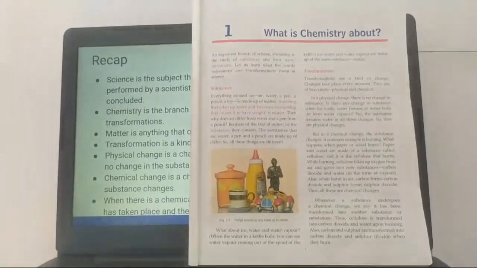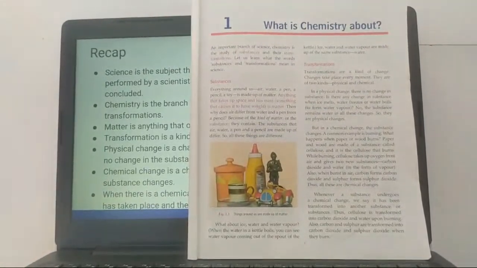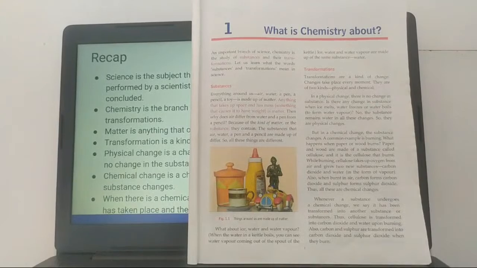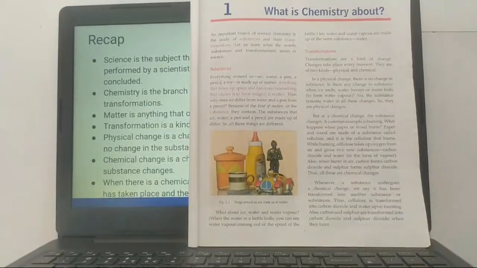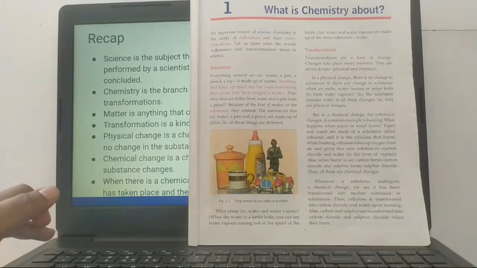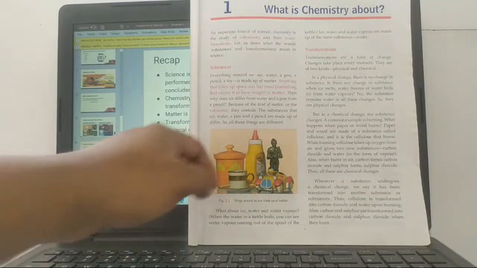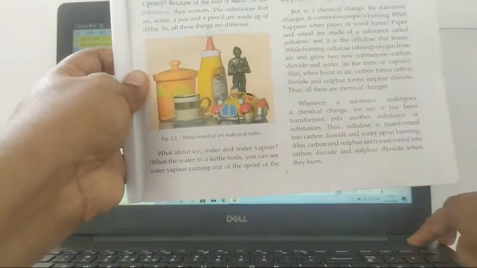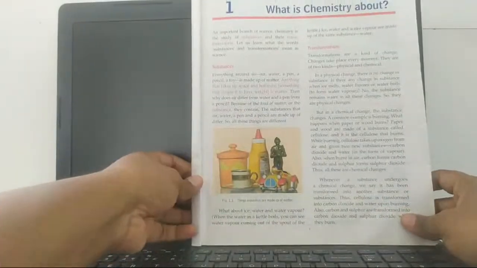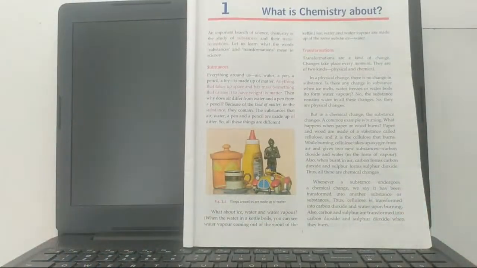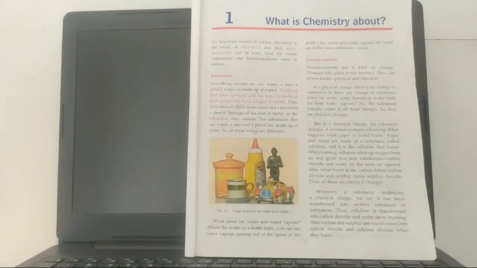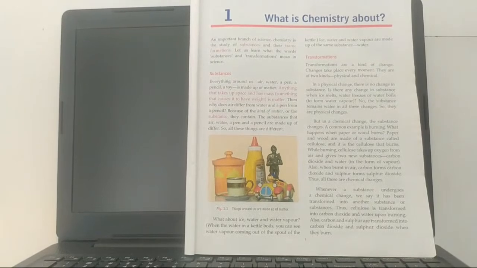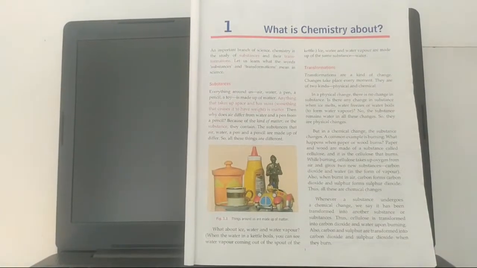The first chapter is, what is chemistry about? I suppose that the content is clear to you. You can just have a look. This is the first page of the book. What is chemistry about?